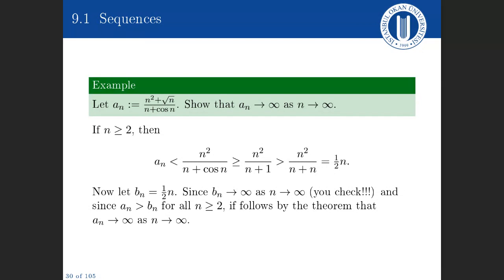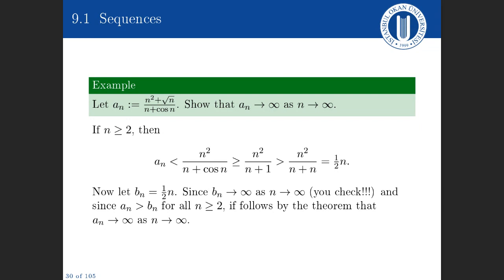Let an be n squared plus the square root of n divided by n plus cos n. Show that this sequence tends to infinity as n tends to infinity. Well, I'll just leave the calculation here for you to check.